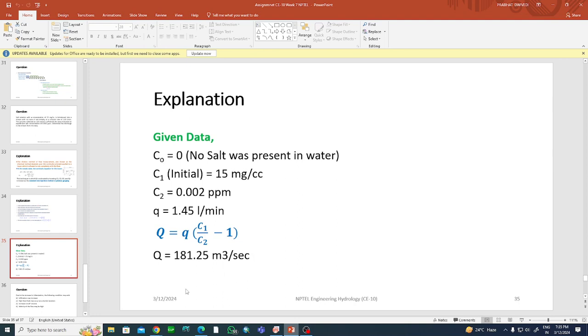I think that conversion also has to be done. Yes, right. So 1 cc will be multiplied by 1000 only, right?